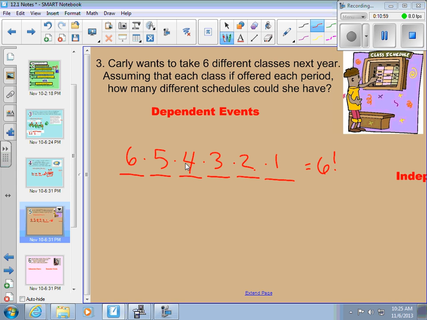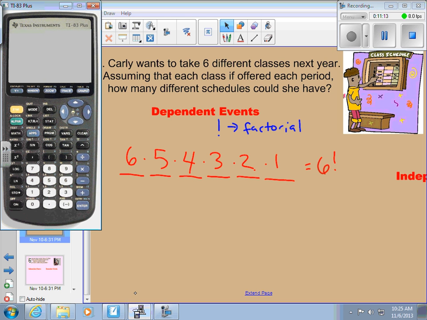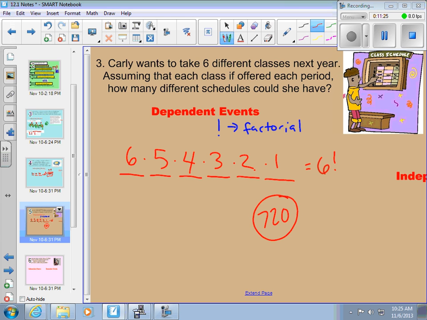Another way we can do this on our calculator is what's called 6 factorial. The exclamation point in math is called the factorial button. So I'll show you it works either way. On a calculator, we could enter 6 times 5 times 4 times 3 times 2 times 1, and it comes out to be an answer of 720 ways. And that's the answer.